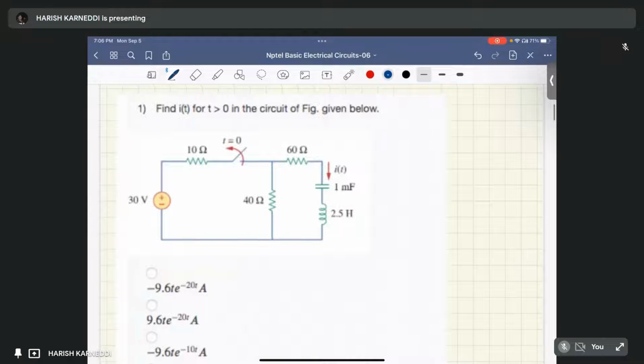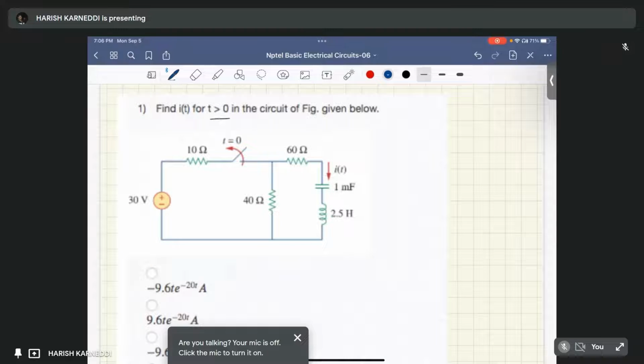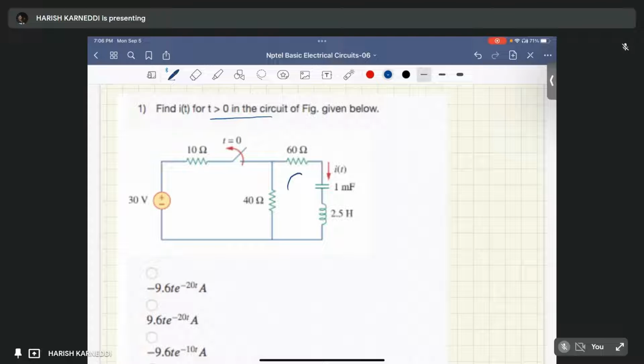Find out the i of t for t greater than 0 in the circuit of the figure given below. Means we have to find out the current flowing through this loop. At t equal to 0, the switch is going to be open.